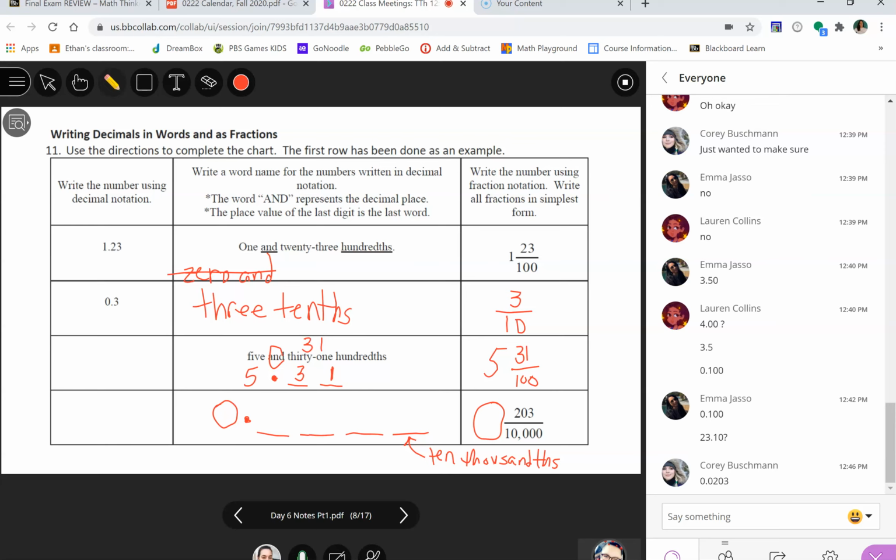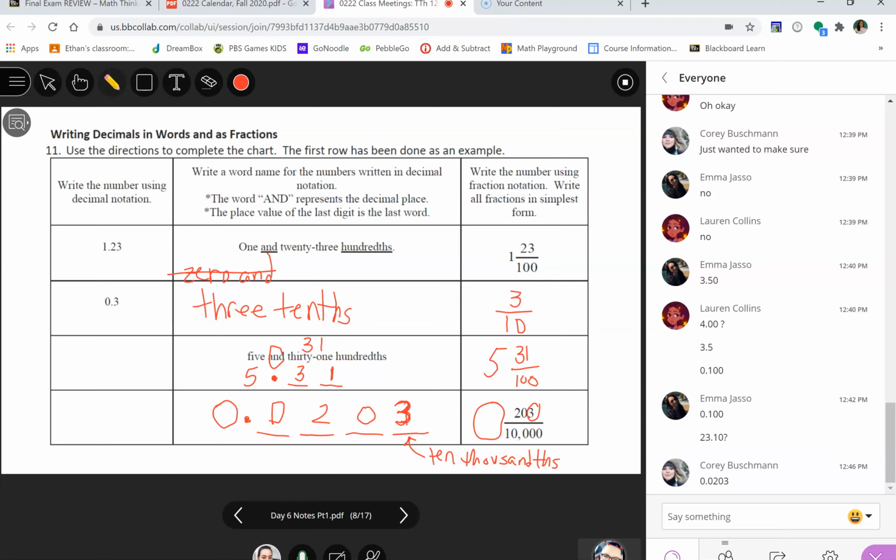So that 3 is going to go in the 10,000ths place. And then you fill in the numbers from there. And if there's any extra place values between the decimal and that number you wrote, you fill it in with an extra 0. Oh, that's right, Corey. I just saw yours in the tab. So that would be 0 and 203 10,000ths.